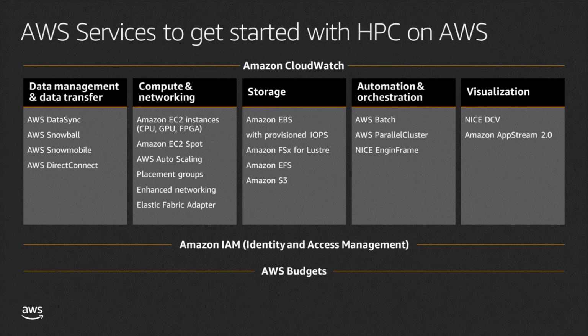At a high level, these are the list of services that customers use to run their HPC workloads on AWS, starting with data management and data transfer. There are multiple ways to get your petabyte scale data from your on-prem infrastructure to AWS. Services such as AWS DataSync, Snowball, Snowmobile, Storage Gateway, and Direct Connect allow you to transfer large amounts of data to S3.